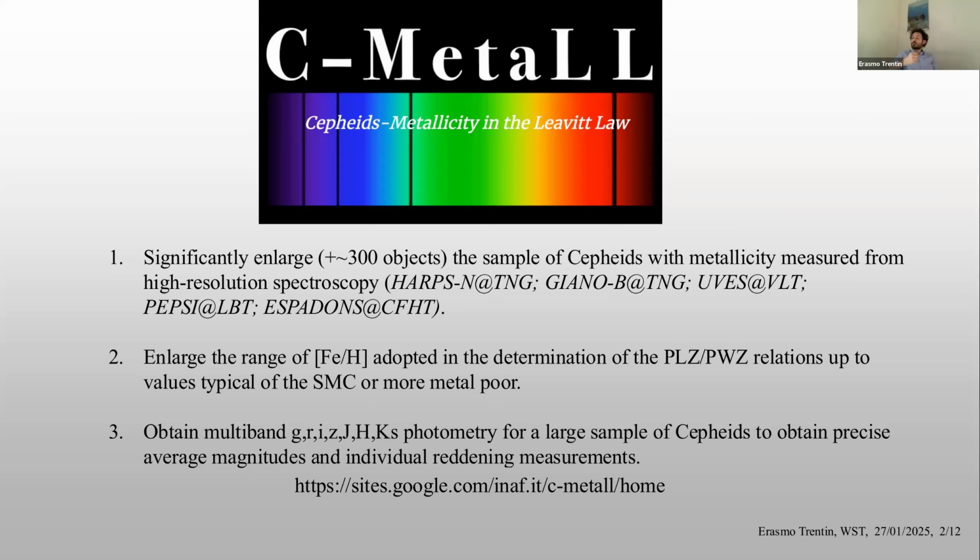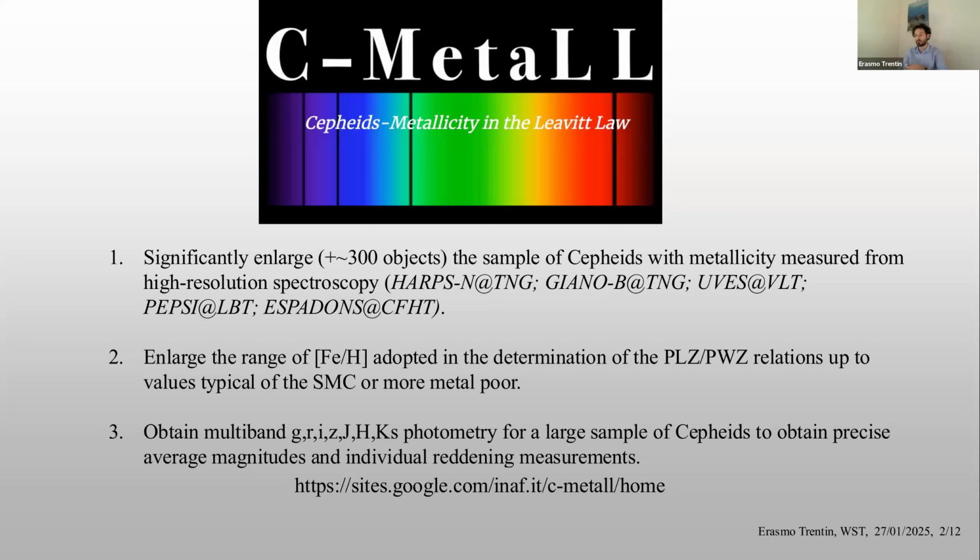The idea is to enlarge the sample of classical Cepheids to around 300 objects and at the same time to enlarge the range of metallicity that we have. Of course, if we go randomly observing the Cepheids in the Milky Way, we will mostly find high metallicity Cepheids.